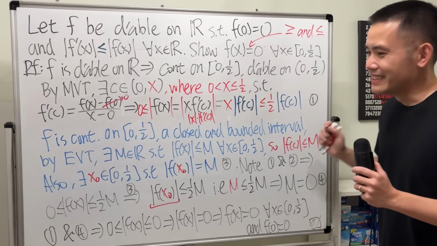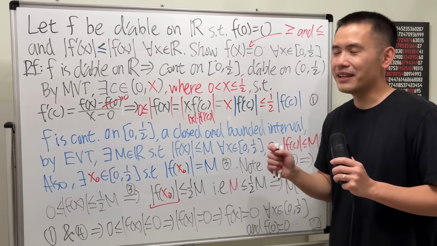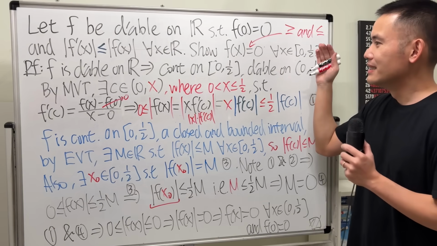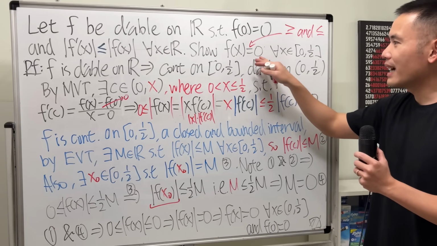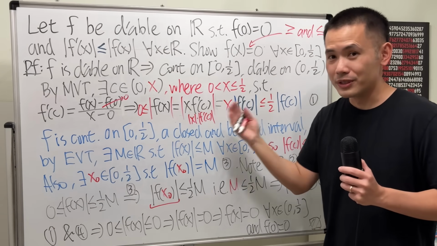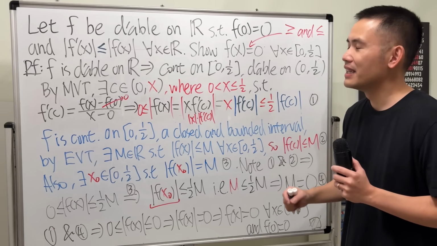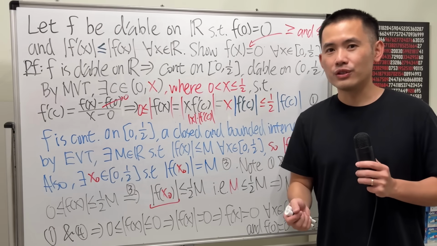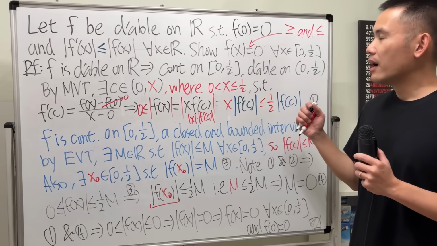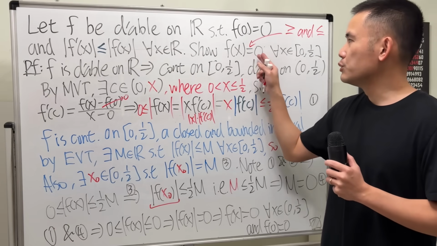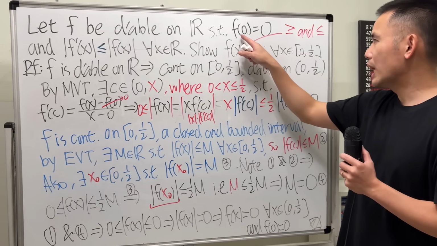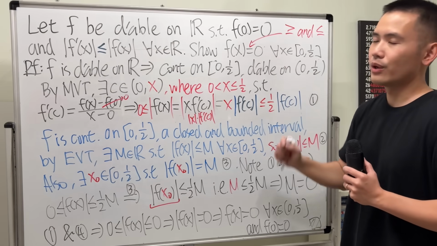Okay? Now, for the second part, you guys can think about how to extend this proof so that f of x is going to be equal to 0 for all x. I'm going to leave that to you guys. And I do want to give you guys another question to think about though. The reason that you get a 0 function is because you have this condition, f of 0 is equal to 0.